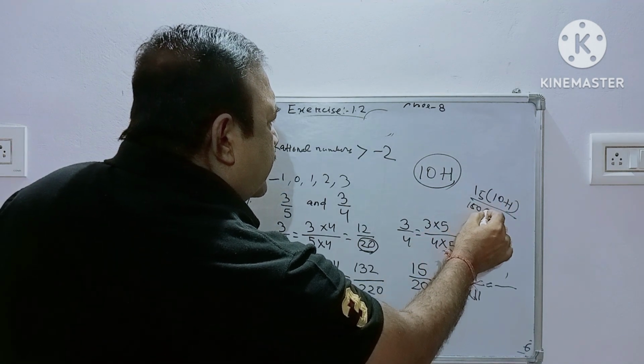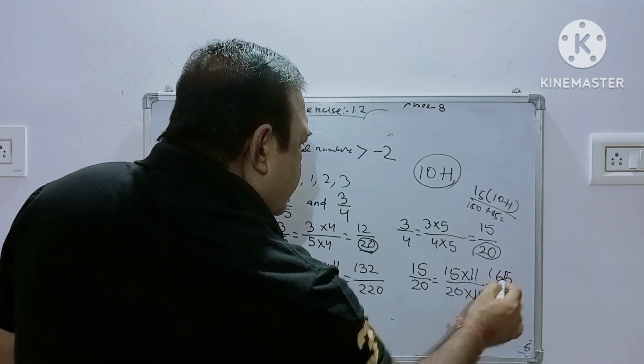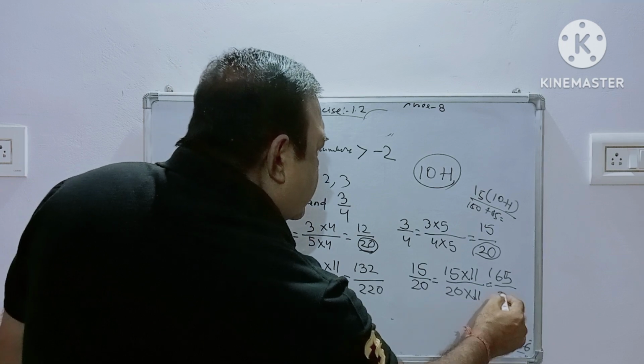So this is 150 plus 15, that is 165. And the denominator, yes, 220.